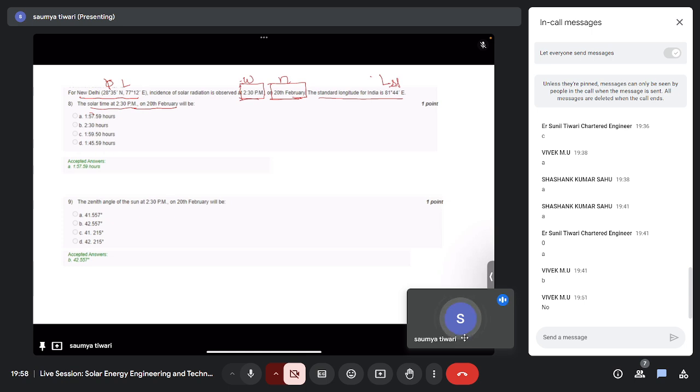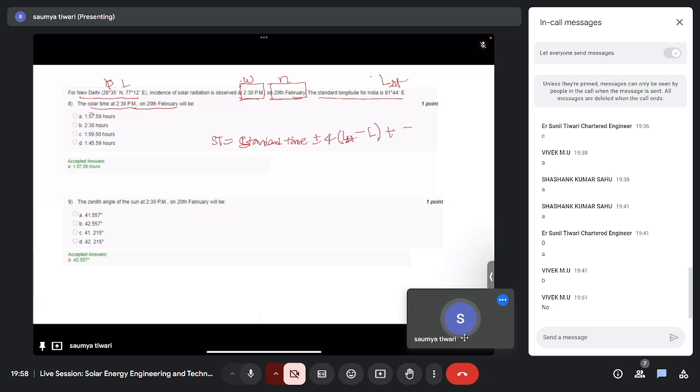So we know that the solar time is given by the standard time, plus we are incorporating the change in time that will occur due to the difference in the longitude of that particular location to the standard longitude, right?